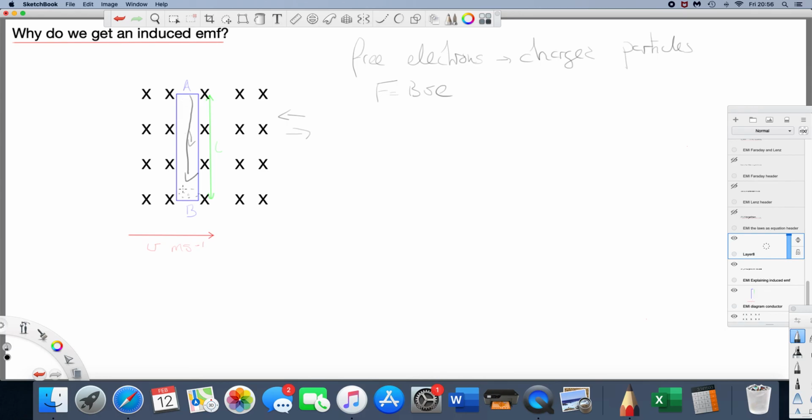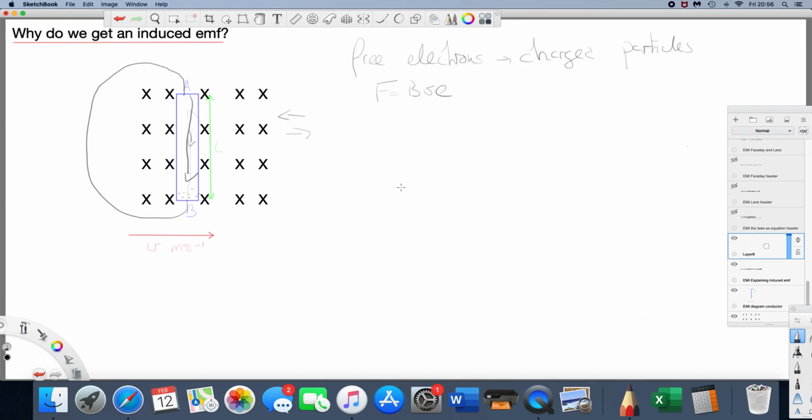You have a potential difference. If you stop applying the force driving the electrons down, they will spread out again. There is a potential difference here. And of course, if you connect the two ends together, then you can have your current.